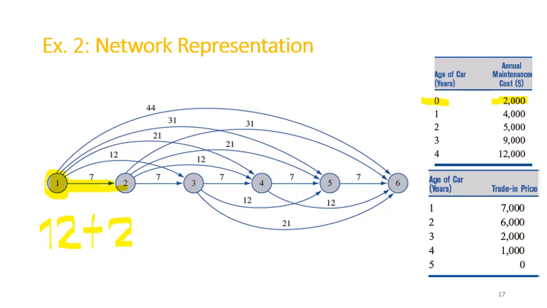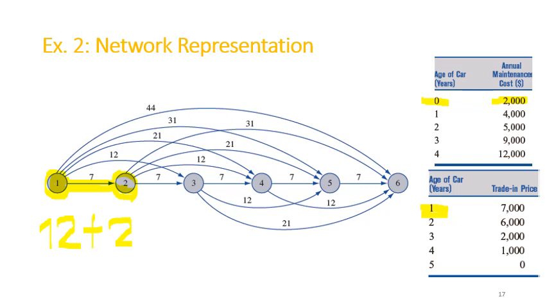But then in this plan, it says that you are just planning to use the car for 1 year. It means that at the end of the first year, you are selling the car. At the end of the first year, your car's age is already 1, right?